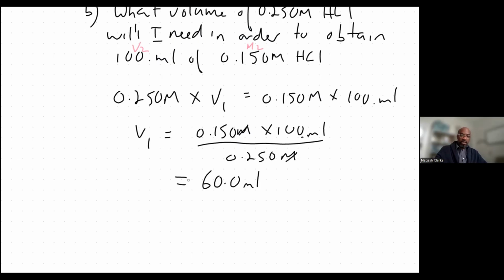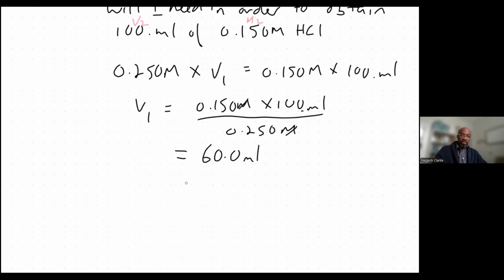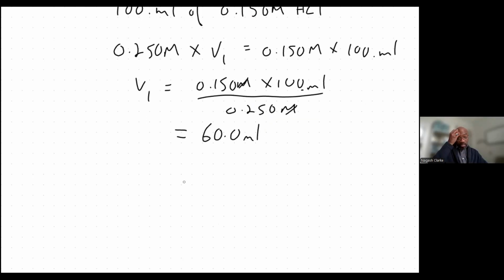So different ways to look at the dilution expression. So every time we set it up, we're missing one variable. So we have to be clear to label what's the M1, what's the M2, what's the V1, V2. And remember, M1 is always greater than M2, and V1 is always less than V2.